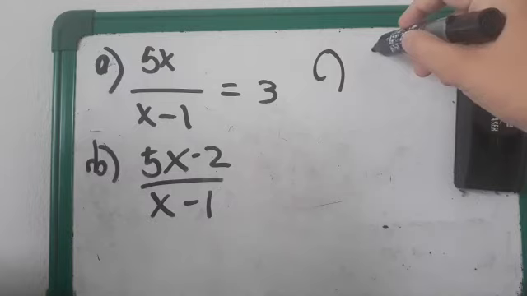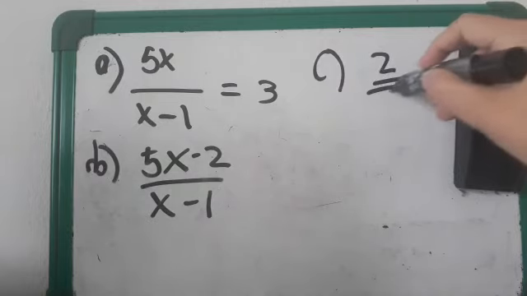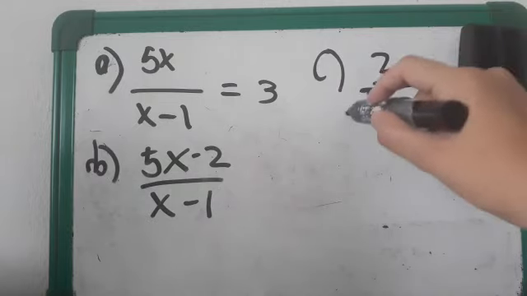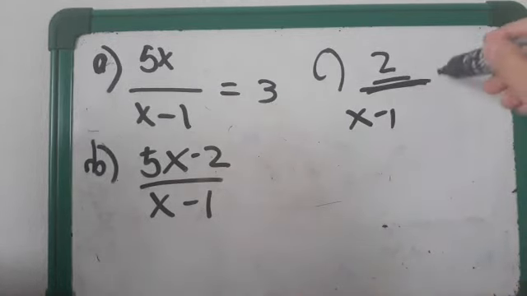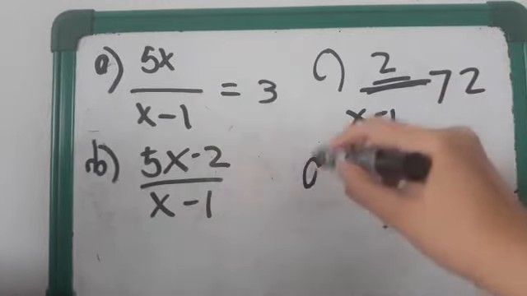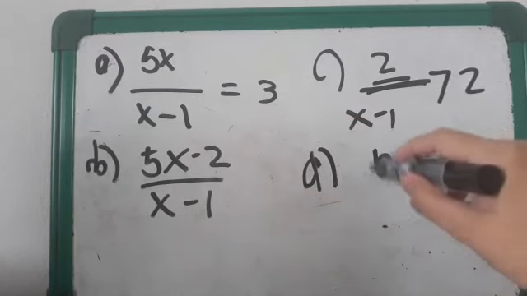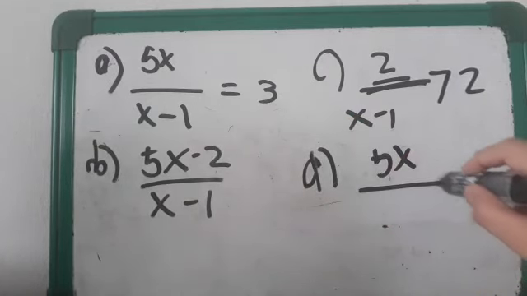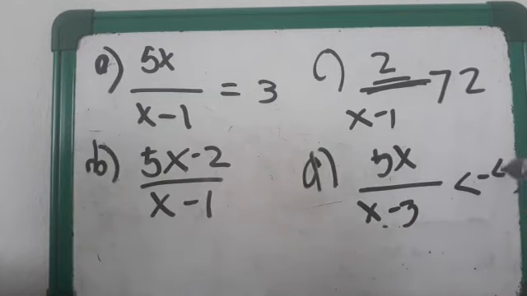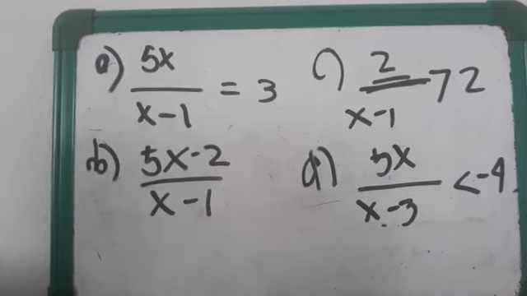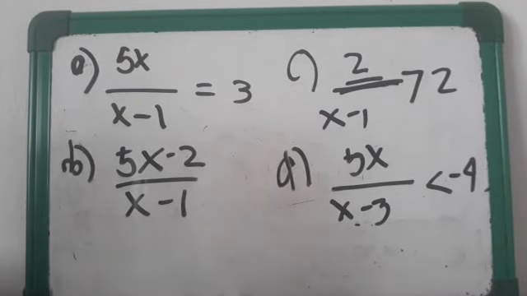Letter C is 2 over x minus 1 is greater than 2. And the letter D is 5x over x minus 3 is less than negative 4. So, yan ang ating mga given na pagpipilian sa choices.